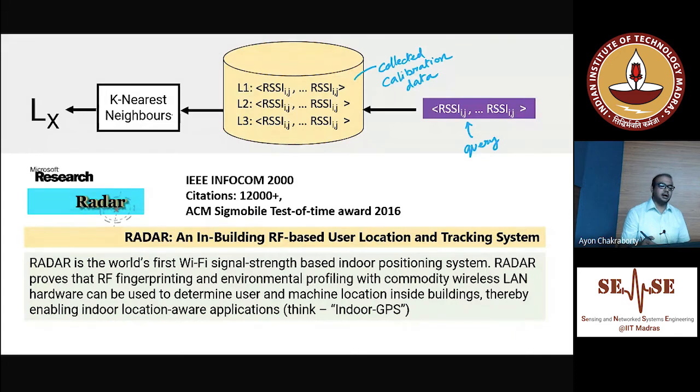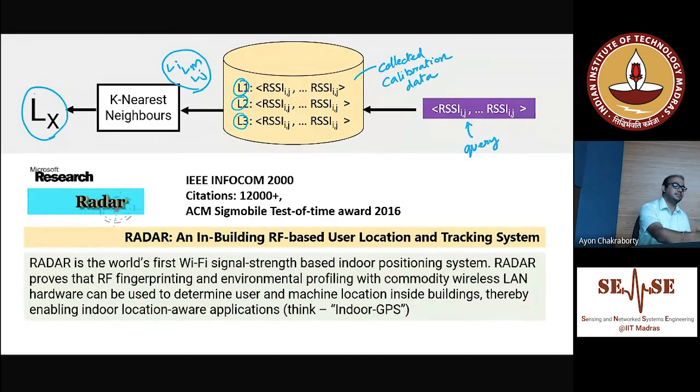Out of them, you know the location, because these are all labeled data. You know what L1 is, what L2 is, and so on. So suppose you find a good similarity with Li, Lm, and Lj. Then you can simply find the average of these locations, and that is going to be the estimate of Lx. As simple as that.